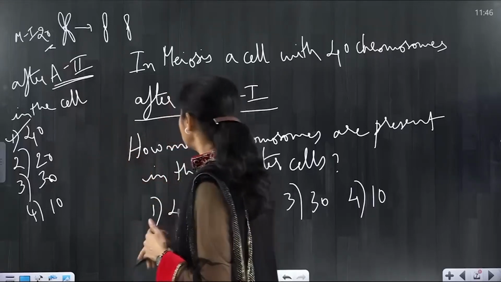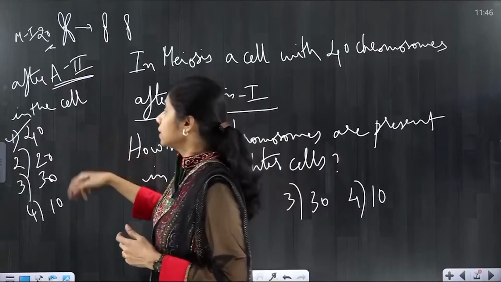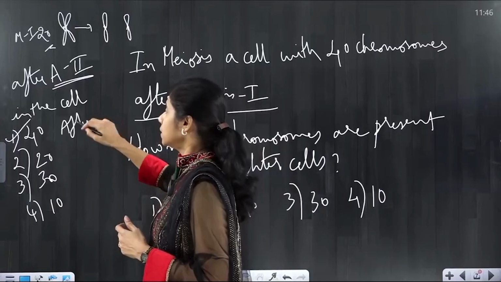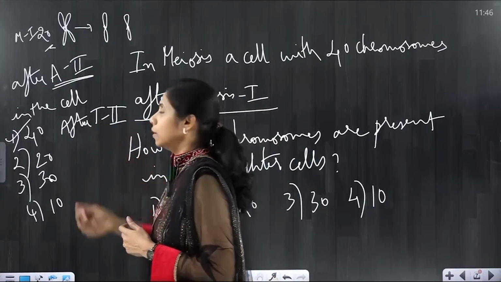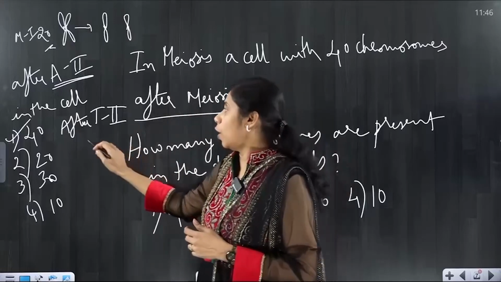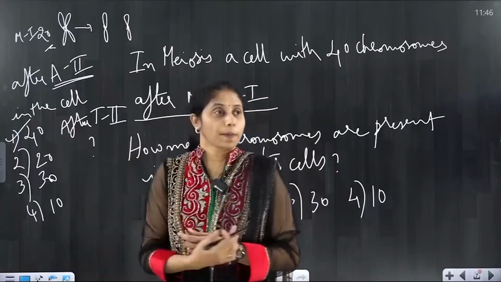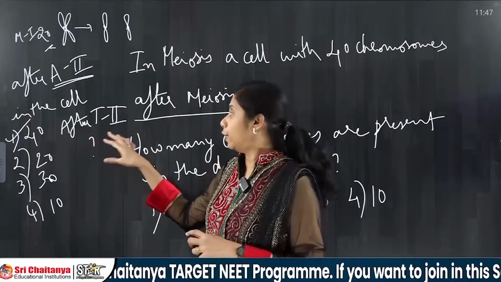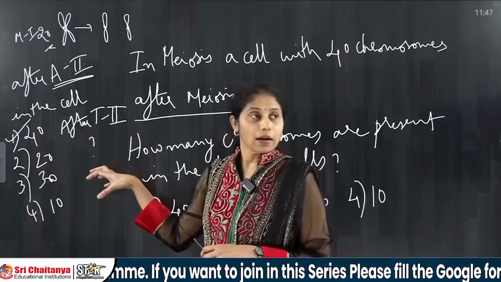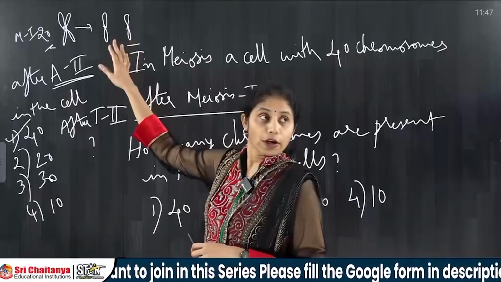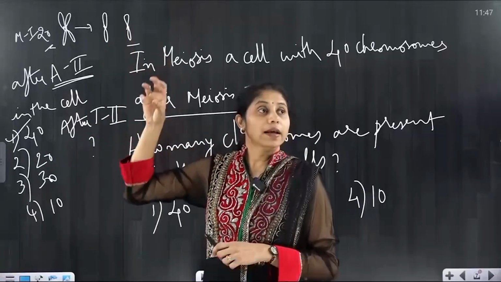After the end of meiosis-I, 20 chromosomes are there. Now, the question is after telophase 2. My question is now after telophase 2, how many will be there? Same options. At the end of telophase 2, out of this 40, each daughter cell will be getting 10 each.